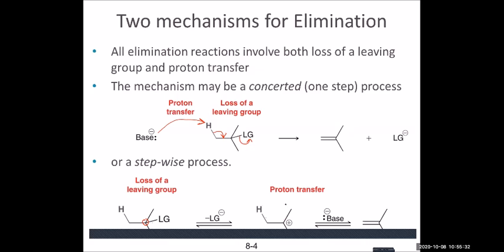The first step is just losing the leaving group. In the second step, the base comes, picks up the hydrogen, and the electrons from that bond form the double bond. So that's a two-step mechanism involving the carbocation, very similar to the SN1 reaction.